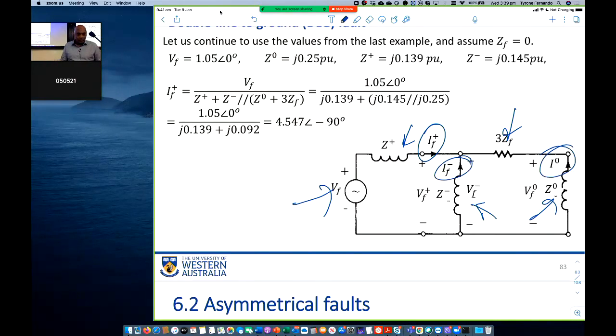Vf plus appears there, Vf minus appears there, and Vf0 appears there. So you can calculate all the sequence voltages and all the sequence currents, and once you have calculated them, you can find the phase currents and the phase voltages. That's what that example is doing.